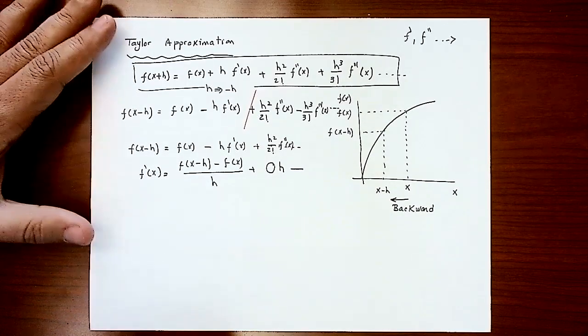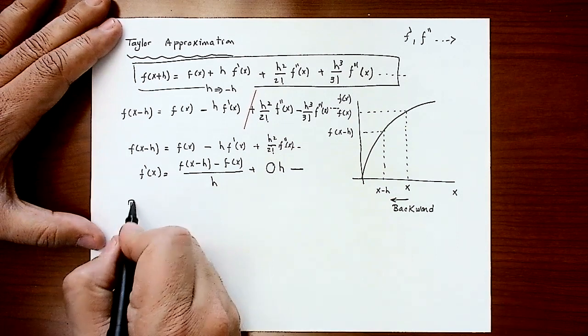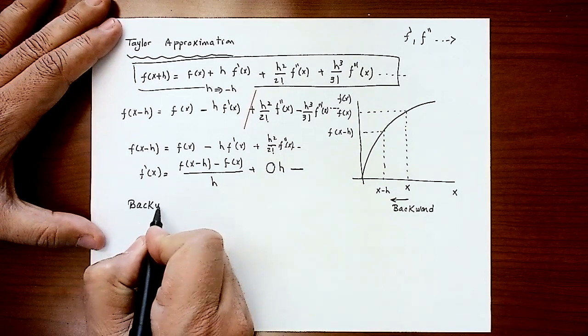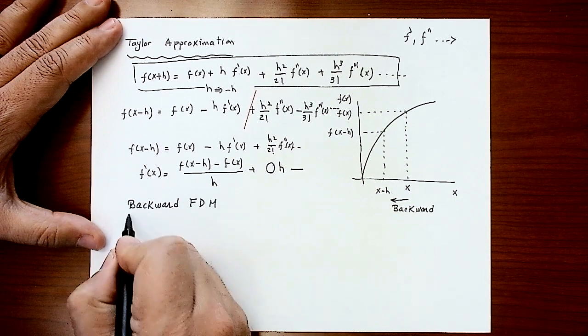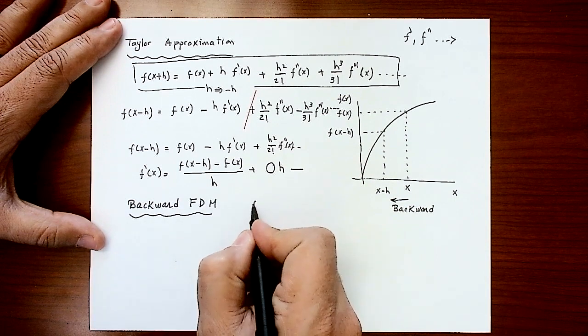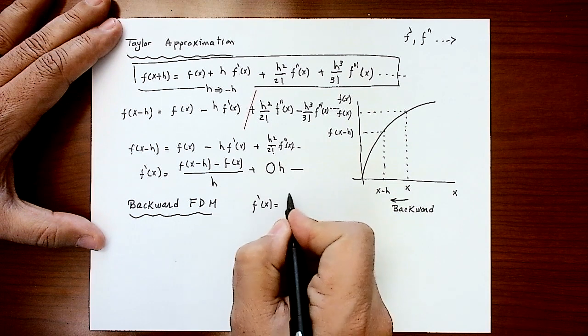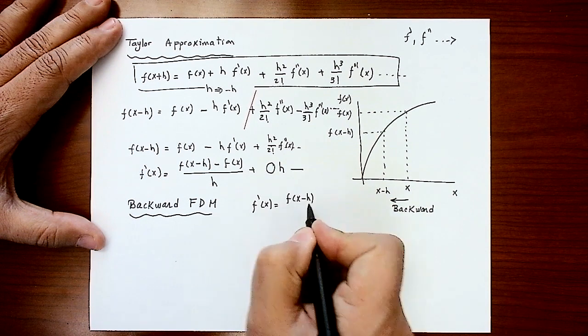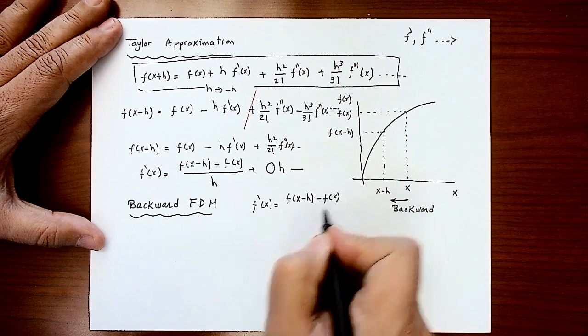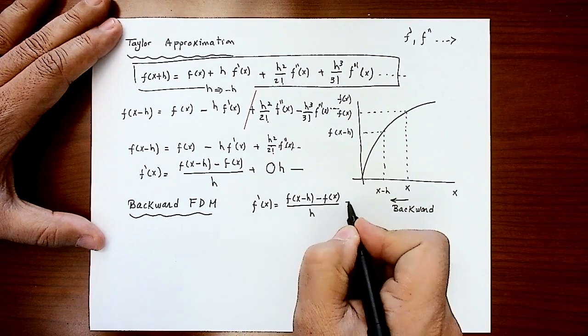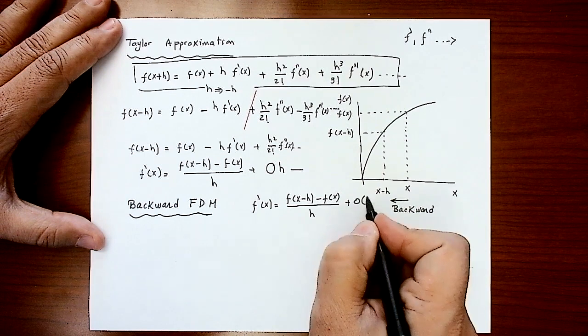So what's telling me is that the backward finite difference method approximates the first derivative f prime of x by the function f of x minus f of x minus h, divided by h, and we will have an error of order h.